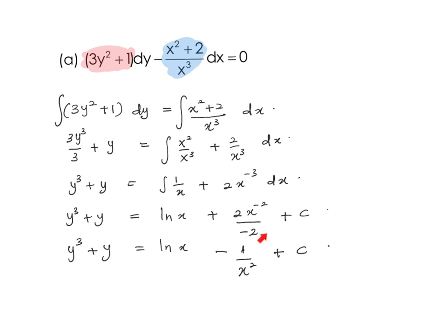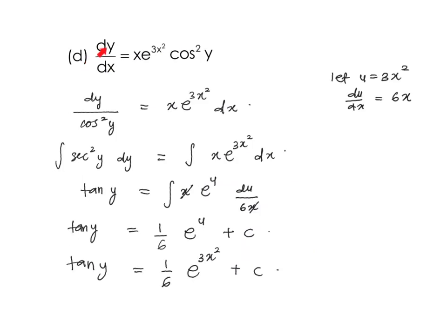Then we simplify both sides, so we get y cubed plus y equal to ln x minus 1 over x squared plus c. Okay, done.